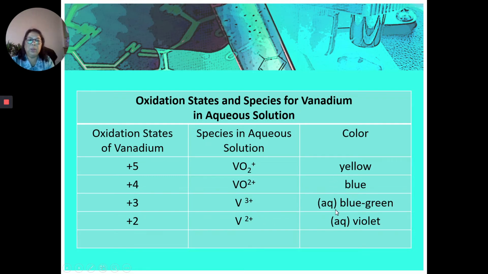with different beautiful colors. So vanadium plus 5 in its aqueous solution is yellow in color, plus 4 vanadium is blue, and then plus 3 vanadium is blue-green, but this is already in its very aqueous state, and then violet for the case of plus 2.